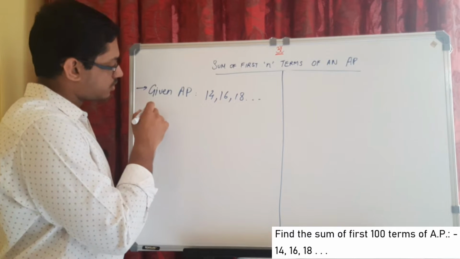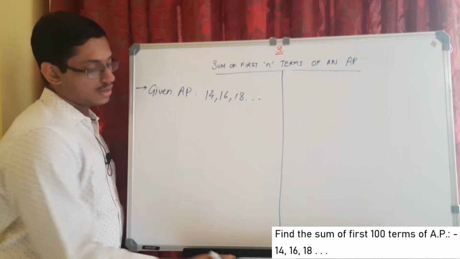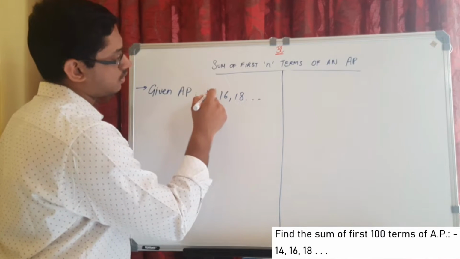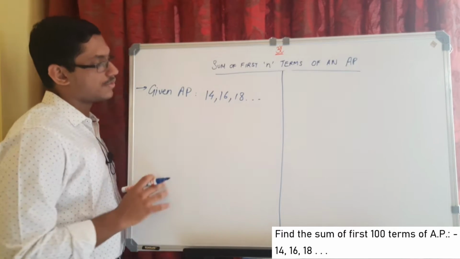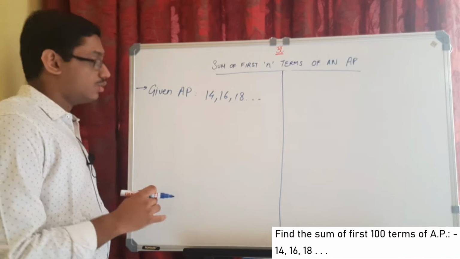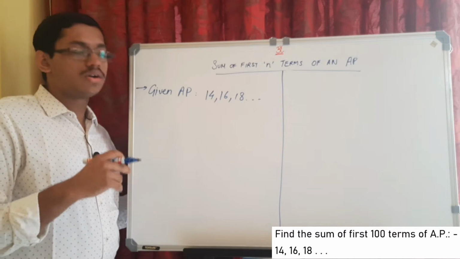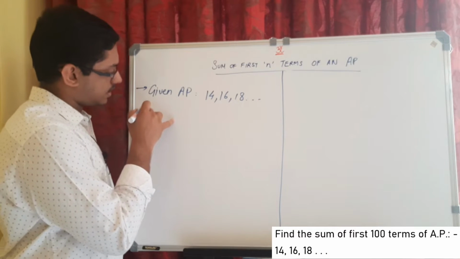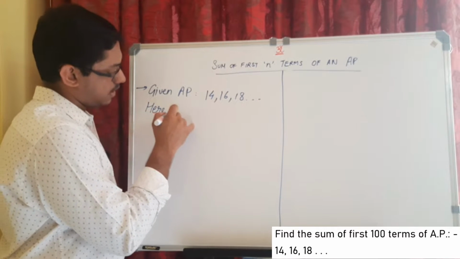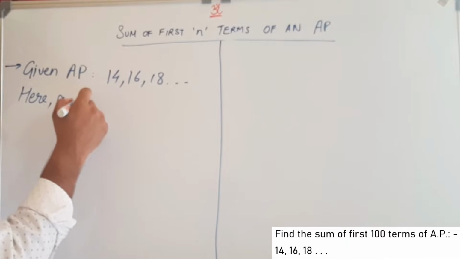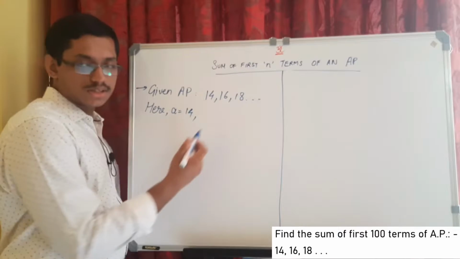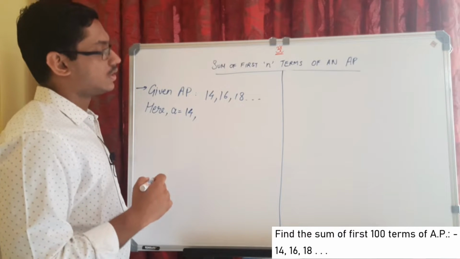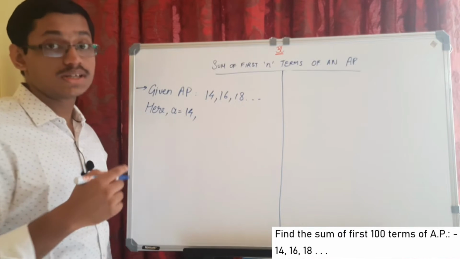Now, we will have to name the terms. Like, what is A? Here, A is equal to 14. Of course, the first term is 14. Now, what is the n given?